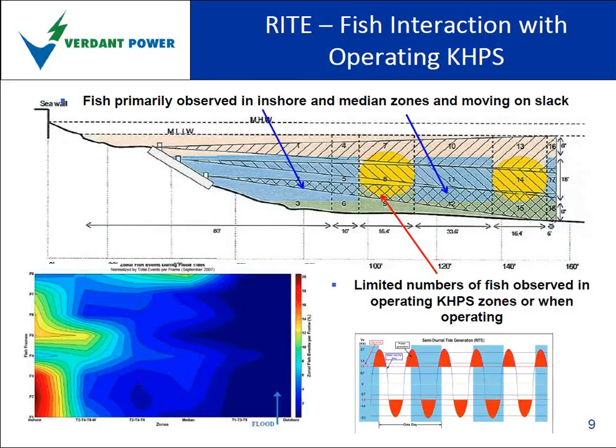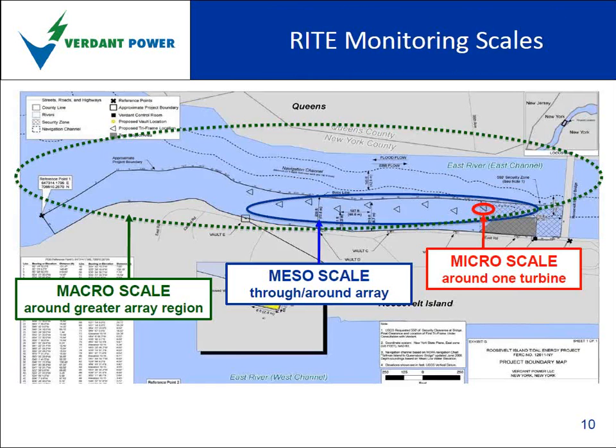When the machines are operating, we observe very few fish. And that was conducted based on the 24 transducer array that was deployed for the project, which slowly had an attrition rate down to, I believe, at the end of the project, 4 or 5. I think 4 was the last amount of transducers still producing good results. Next slide, please.